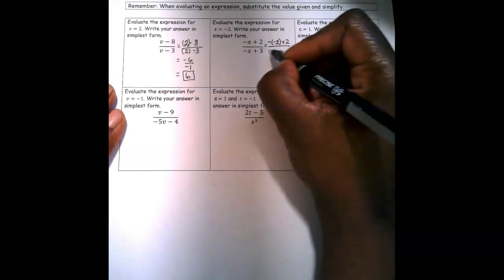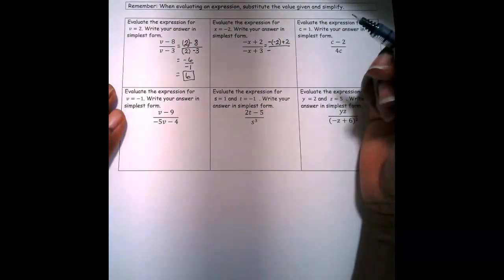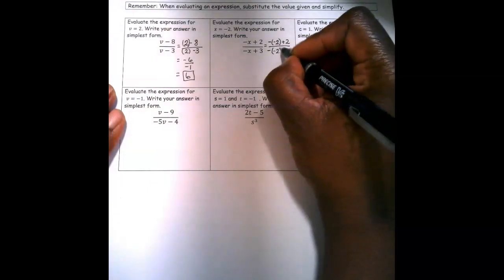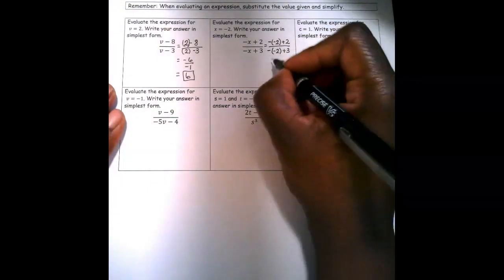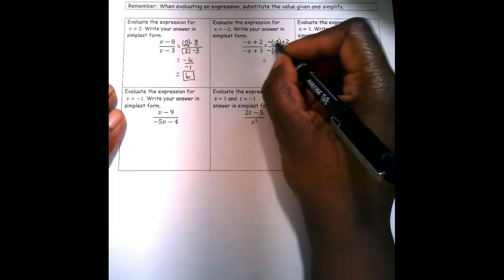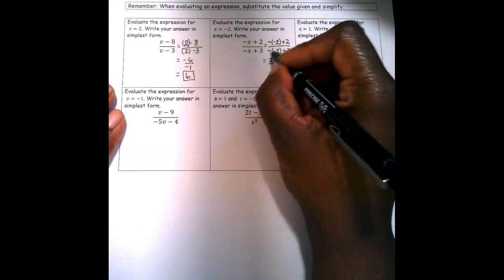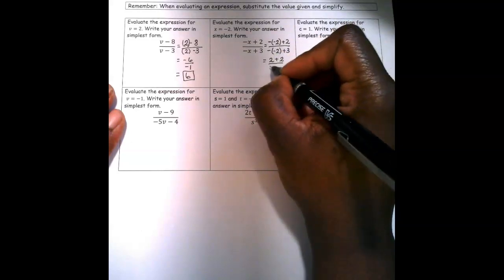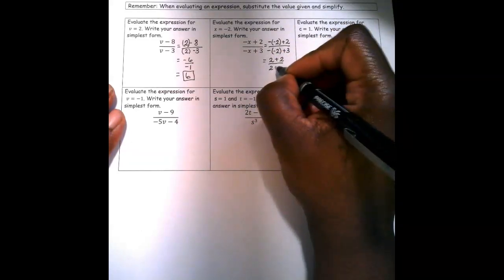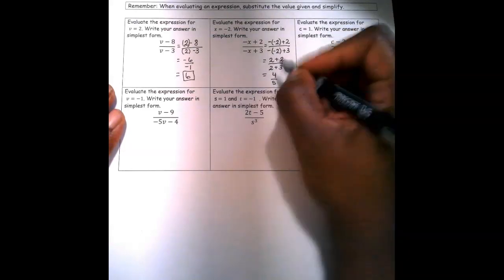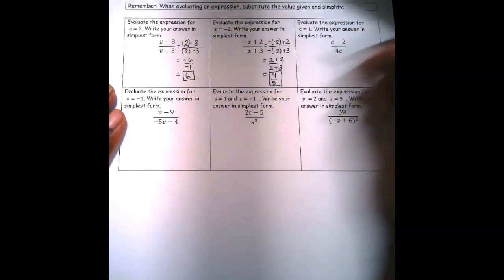And in the denominator, it's going to be the negative that's part of the expression, and then x again is negative 2 plus 3. And we end up with negative negative 2, the same as positive 2, plus 2. And then negative negative 2 in the denominator is also the same as positive 2 plus 3. When we simplify that, we get 4 over 5. That would be our answer here.